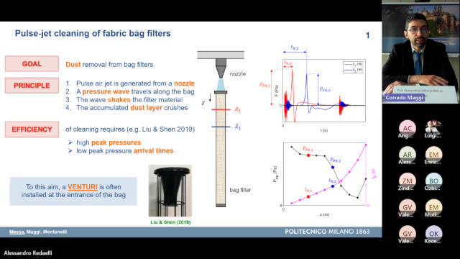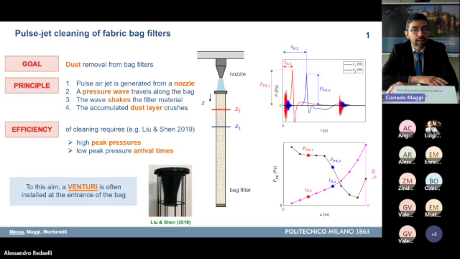Now, if you take the local maxima of the pressures for every possible section along the bag, you build a plot of the peak pressure distribution, so the peak pressures along the bag. Similarly, if you take the arrival times of the pressure wave of the peak pressure along the bag, you build another curve, the curve of the arrival times.